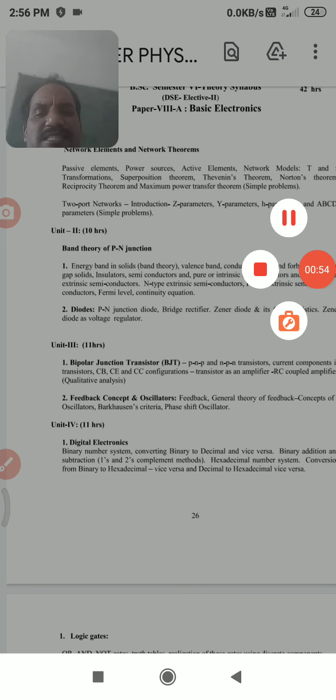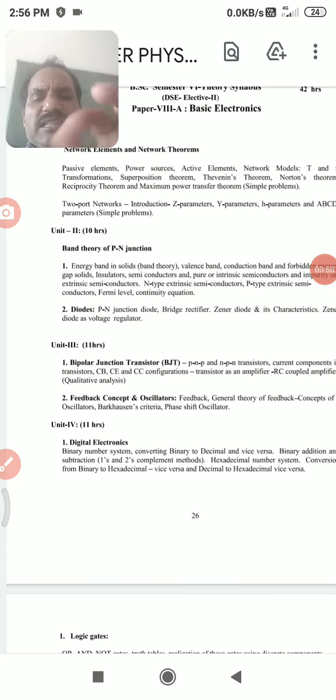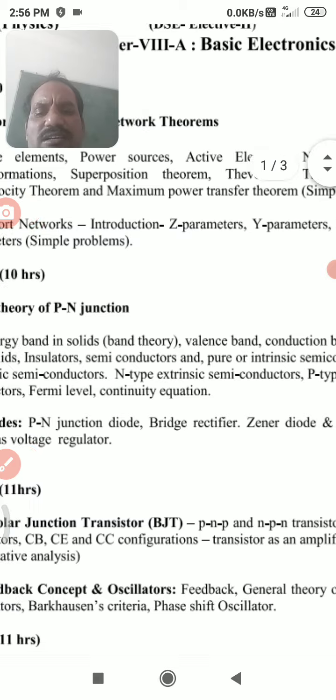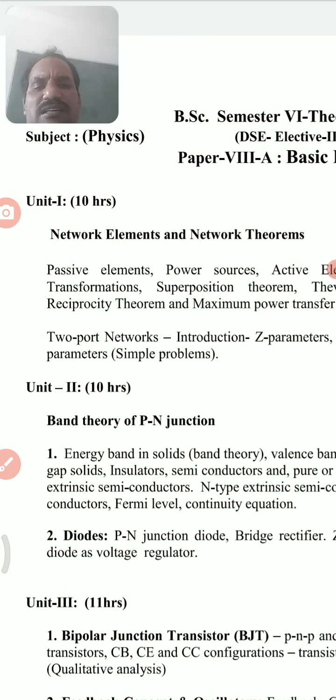eighth paper of physics A. Here, only the network elements and network theory are different from all the other things.